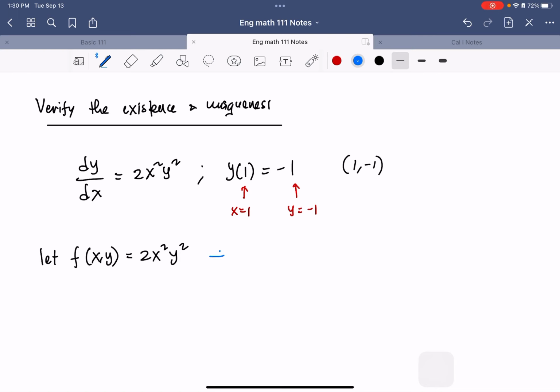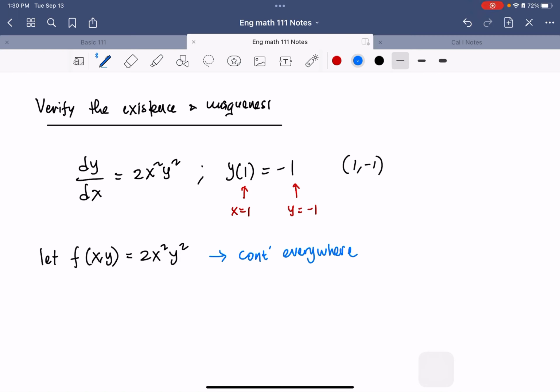So we can say this will be continuous everywhere. So for this part, you are just given the equation and you just check the initial point or initial value, whether it is exact or unique.